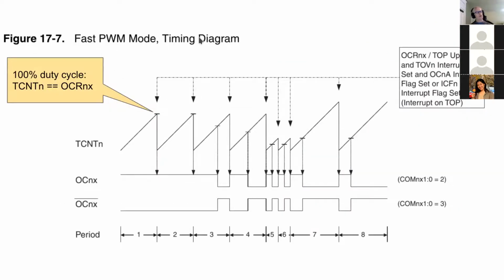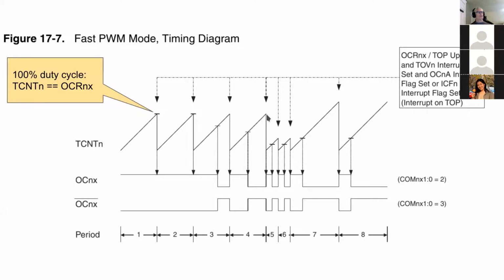So fast PWM mode is one of many ways to do PWM in this chip. But again, this is by far the most common way that most implementations generate PWM. So at the beginning, we're in the fast PWM mode. The count is going up all the way to 65535 and repeating.